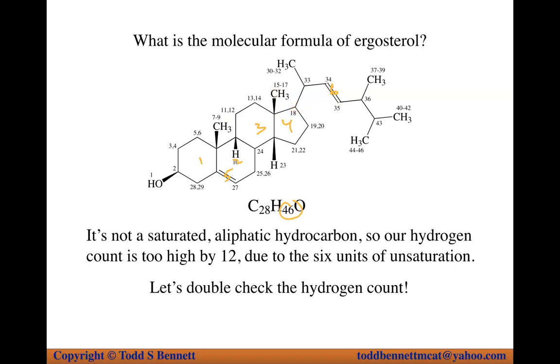I'm going to continue around the ring for 19 and 20, 21, 22. 23 here. 1 here for 24. 25, 26. 27, nothing here, 4 bonds of carbon. 28, 29. So now this little branch over here, so 29, so each would be 30, 31, 32. 1 here for 33. This is a double bond, so 34, 35. 1 here, 36, 37, 38, 39. Methyl 40 through 42, 44 through 46. 43, I should have skipped and counted. But it's numbered perfect. It actually works.